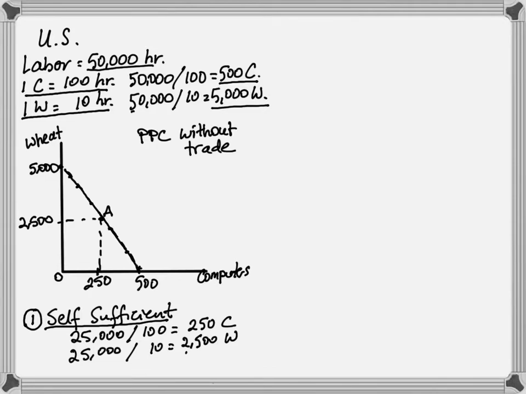And that point A represents both production in this country, and also consumption, because remember, we are self-sufficient. I'm going to put consumption here. We consume what we produce. So point A is both the production and consumption level in the United States without trade.